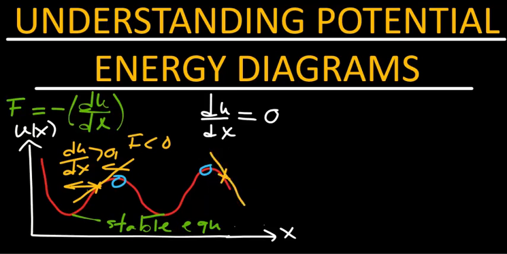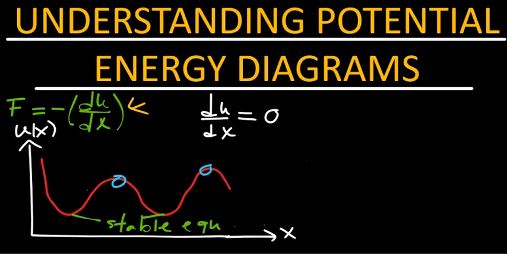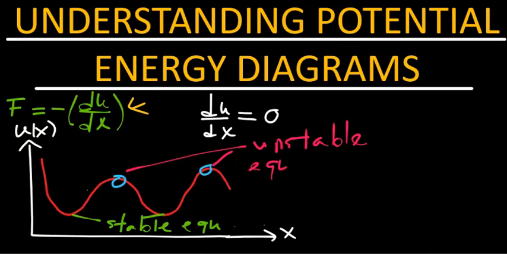Over there, in this case, the slope is negative, so that means the force is positive according to this result. So the force on this particle will tend to go rightward, again pushing it further away from this equilibrium point. And for those reasons, these 2 points are known as the unstable equilibrium points. So generally, any maximum in a potential energy curve is an unstable equilibrium position, such as these 2 points here.